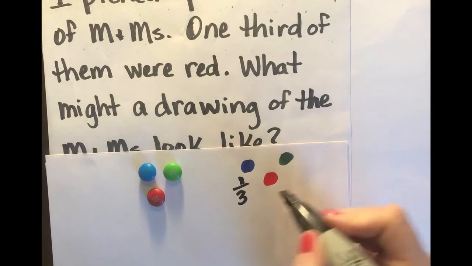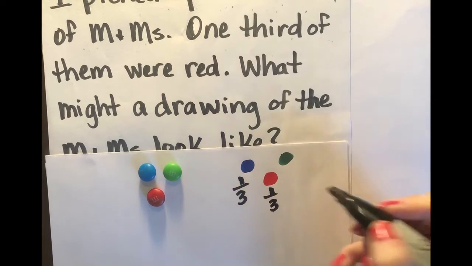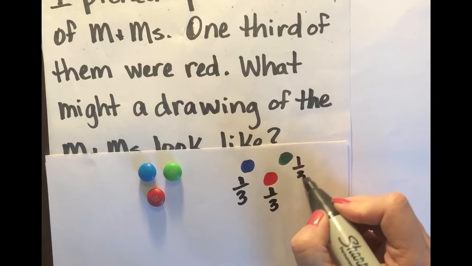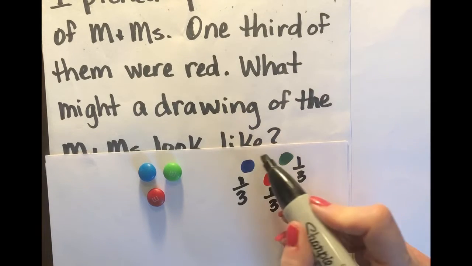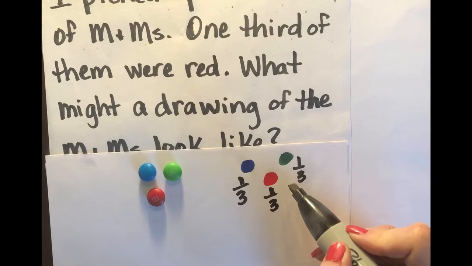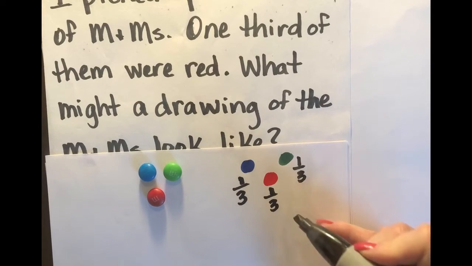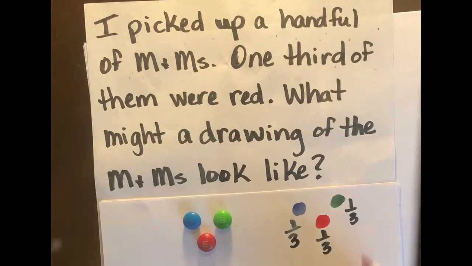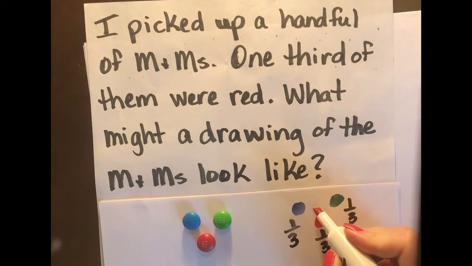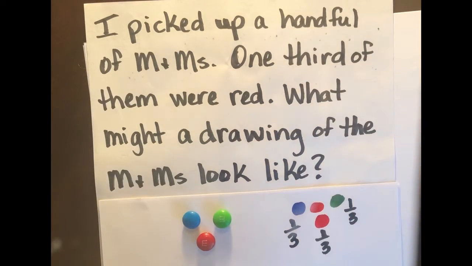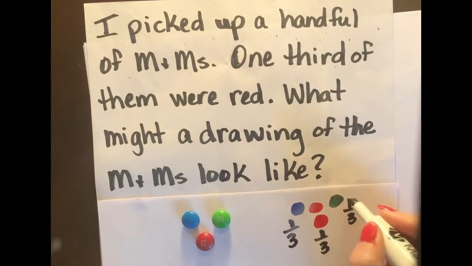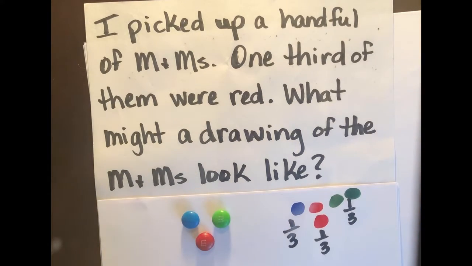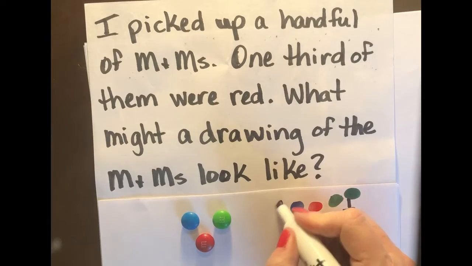And in this case, I would have 1/3 are blue, 1/3 are red, and 1/3 are green. Because I have 3 M&Ms, 1 is blue, 1 is red, 1 is green. I might also be able to think of this if my handful had 2 red, 2 green, and 2 blue.